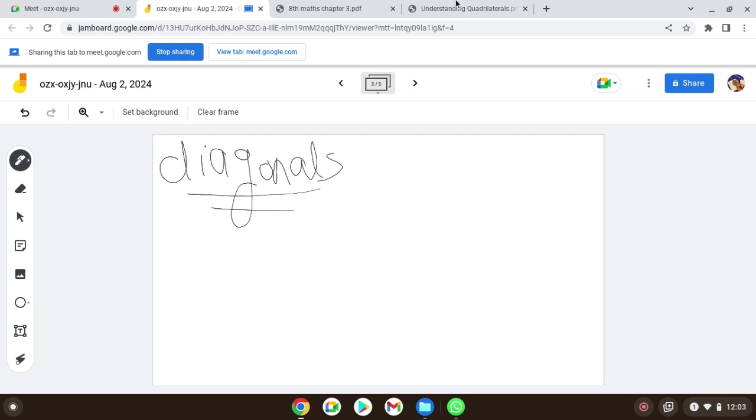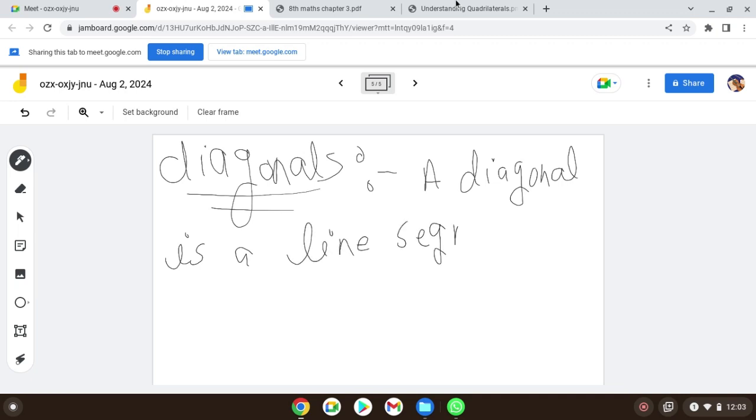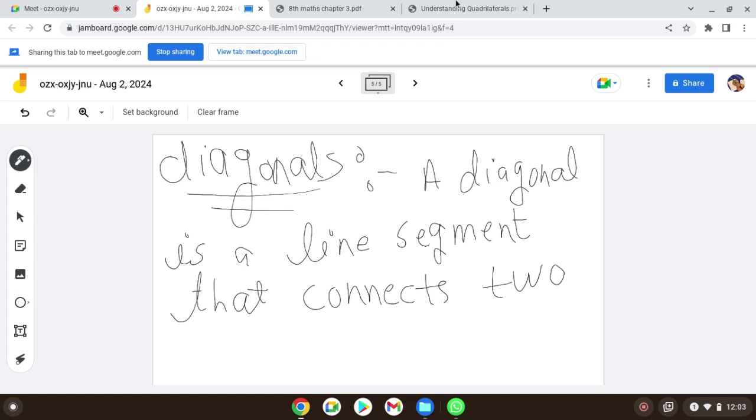A diagonal is a line segment that connects two non-adjacent vertices of a polygon. Non-adjacent means the points that are not adjacent to each other.